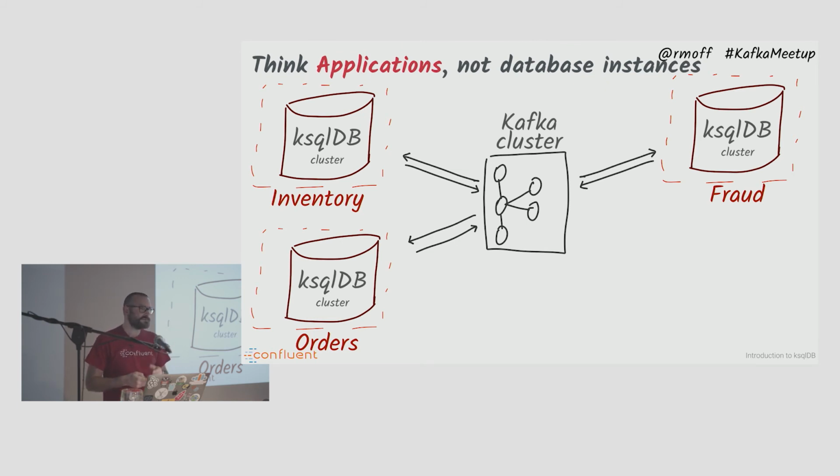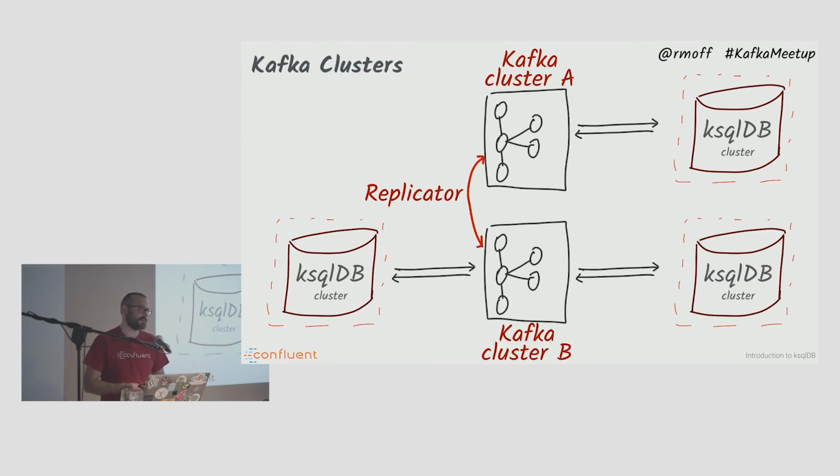And in terms of deploying it alongside Kafka, you don't always just have one Kafka cluster either. So maybe you have your primary Kafka cluster and you've got one ksqlDB cluster running against it for order processing or something like that. But then maybe we've got a couple of other applications, and we don't want those to impact what's happening up here. ksqlDB is a producer and consumer, so you want to be mindful of what it's going to do on your Kafka cluster, just like any other application.